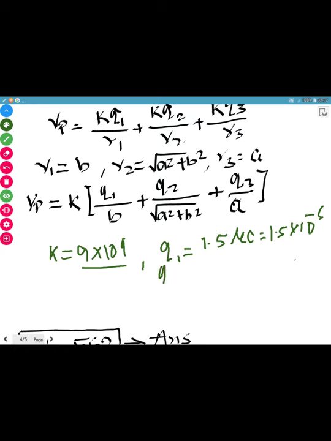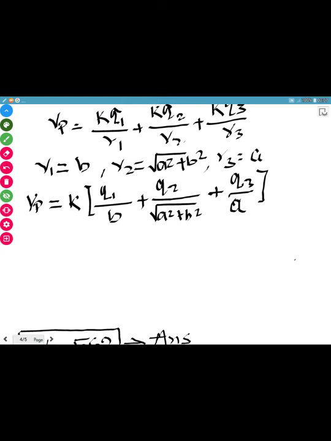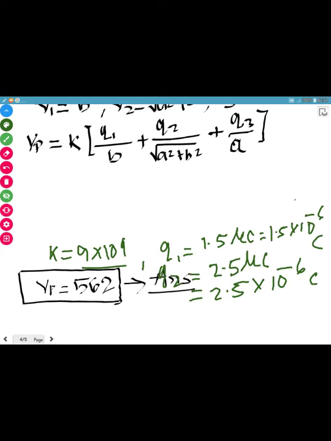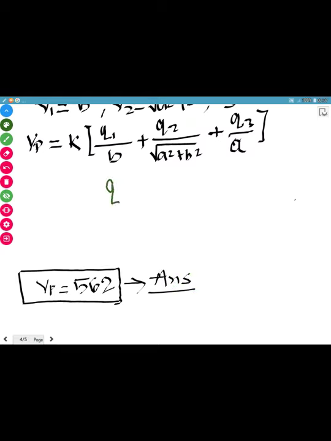In the same way, Q2 is 2.5 microcoulomb, that is 2.5 into 10 to the power minus 6 coulomb. And Q3 is minus 3.5 microcoulomb, that is minus 3.5 into 10 to the power minus 6 coulomb.